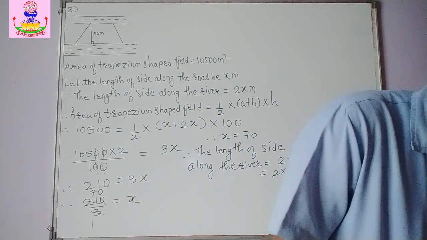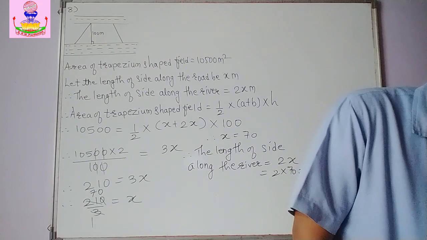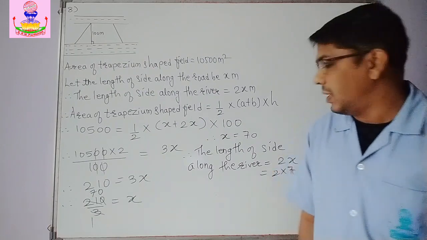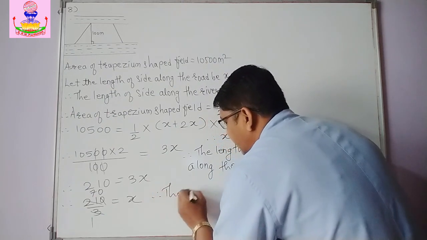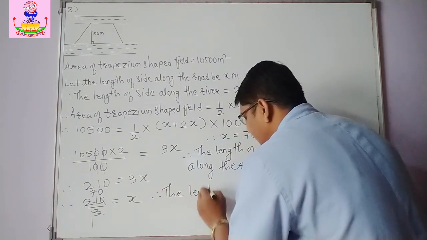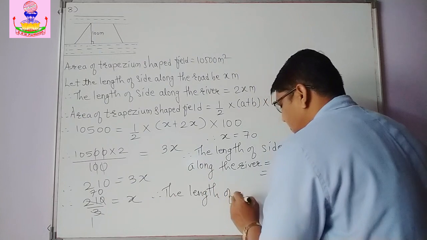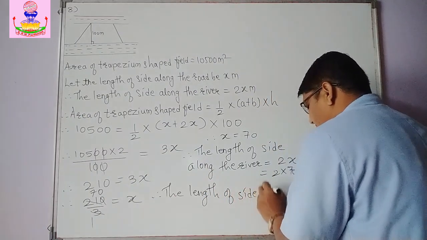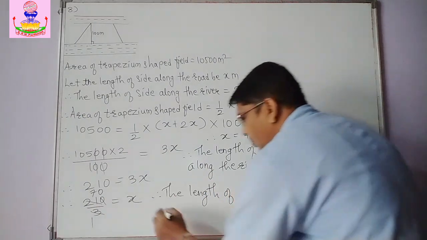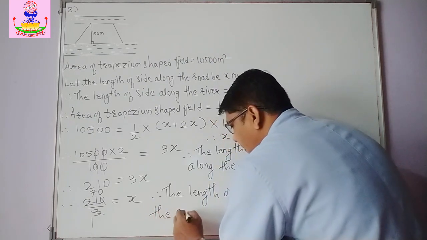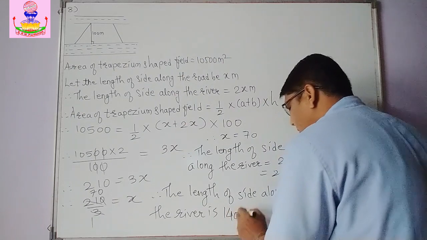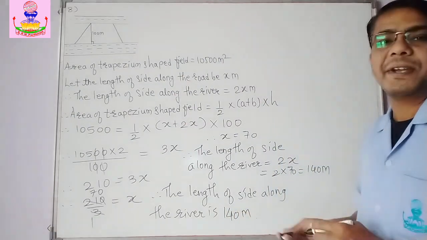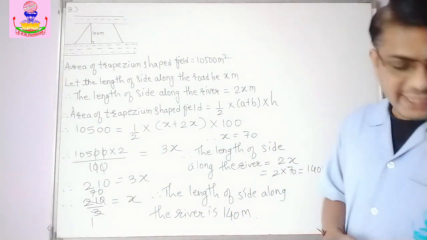So my final statement, what they have asked, the length of the side along the river, that is the asked question. Therefore the length of the side along the river is 140 meters.